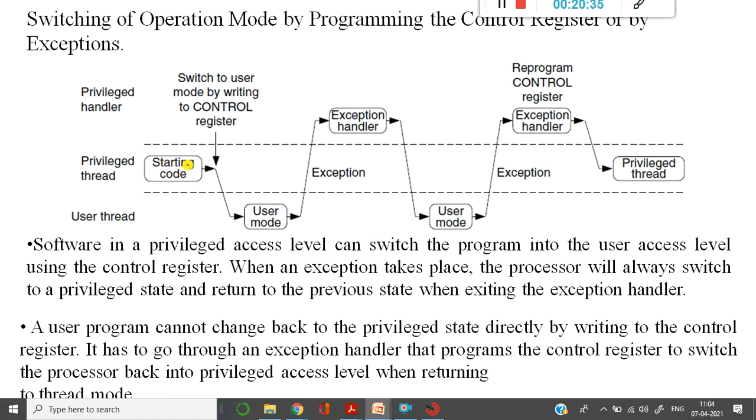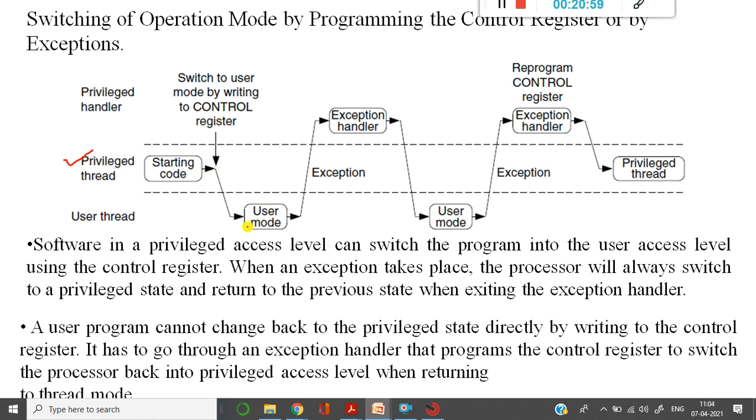When a processor is started, it has to boot from the memory. Already a program will be written, so that is where the first job has to be done. We call it a privileged thread. It starts executing.